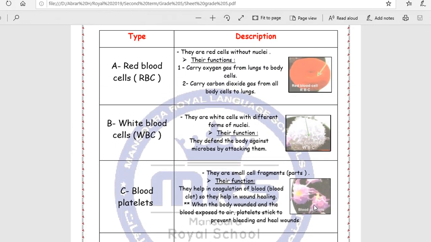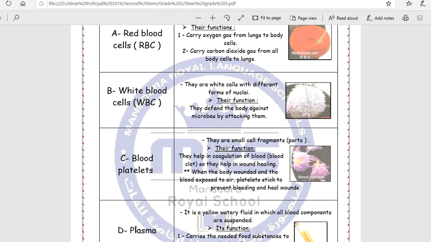So here we have two transport functions for the blood, the red blood cells and the plasma, and we have two protection functions for the blood, as the white blood cells defend the body against microbes and the blood platelets help in healing wounds by stopping bleeding.